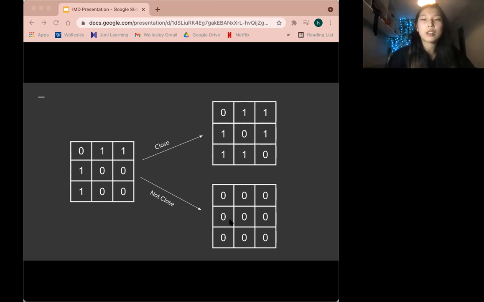But over here, these two are not particularly close. We would have to delete about 4 entries in order to get them to look approximately the same. Also, I just want to note, it doesn't seem like a lot, but this is a 3x3 because I didn't want to overcomplicate. In our actual research, we used 10,000 by 10,000 matrices.